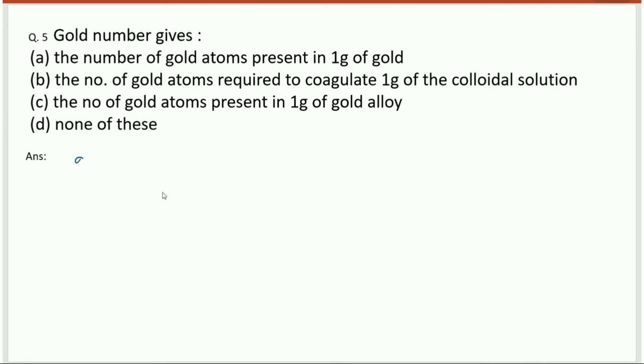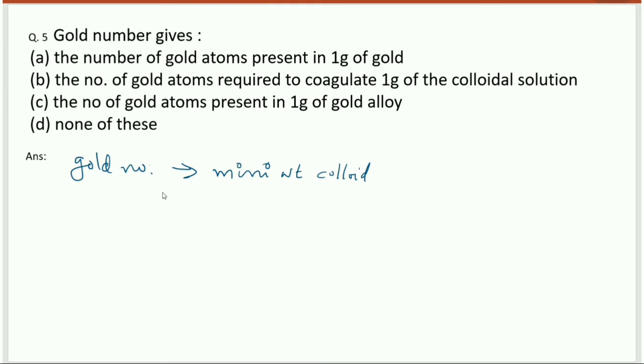Gold number is the minimum weight of a protective colloid required to prevent the coagulation of 10 ml of standard hydro gold sol.